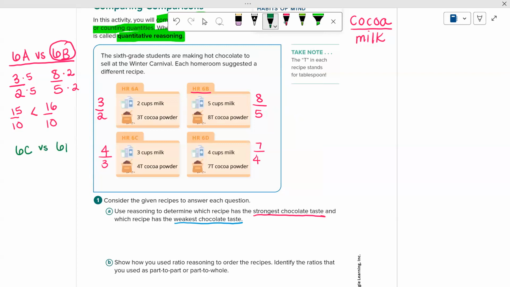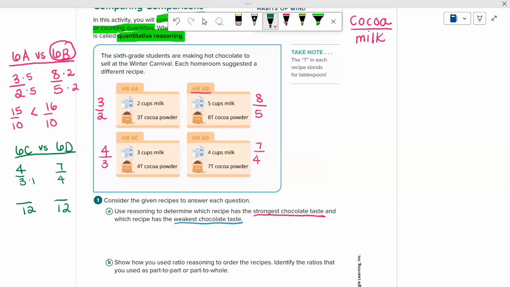6C versus 6D. So 6C, we had 4/3, versus 7/4. What's the common denominator between 3 and 4? If you said 12, you're correct. And remember, pause me at any time.